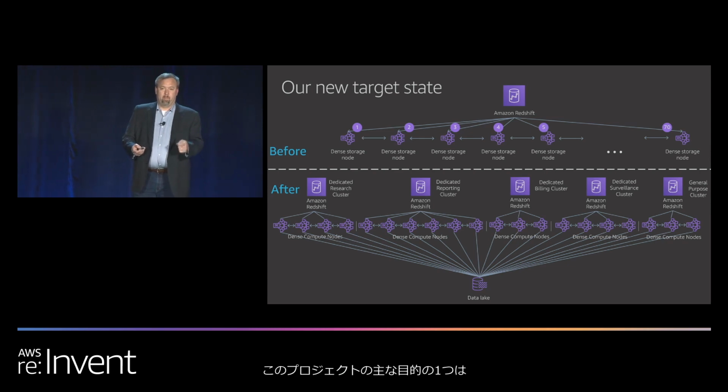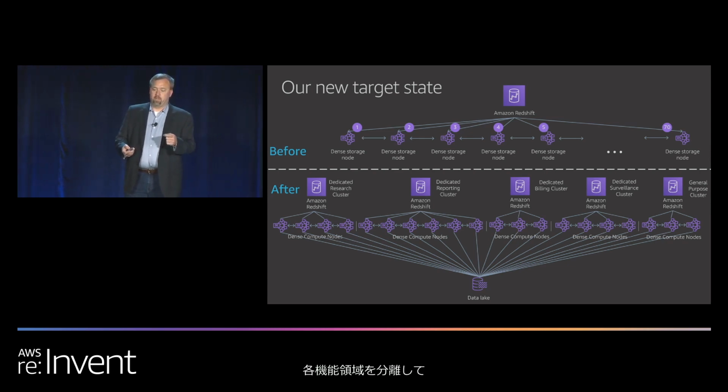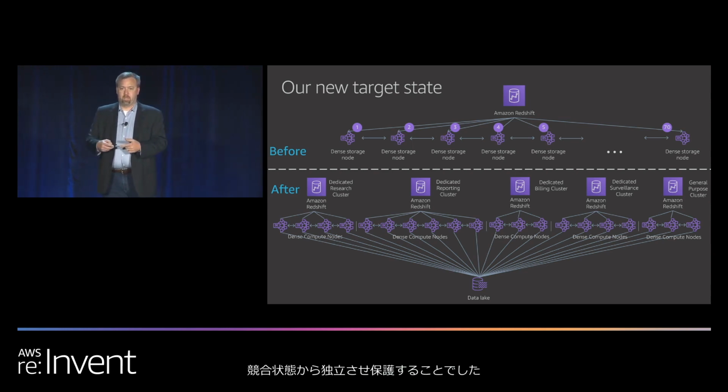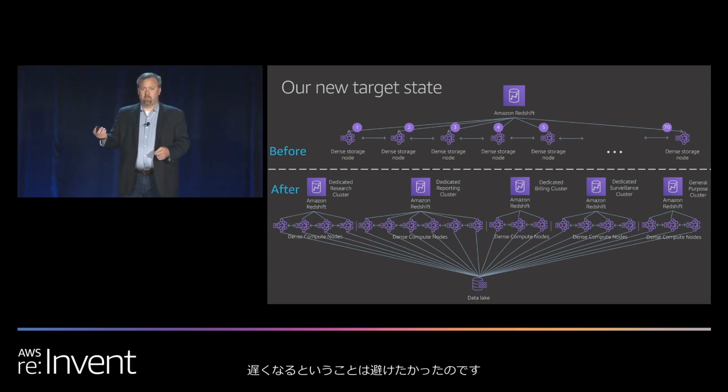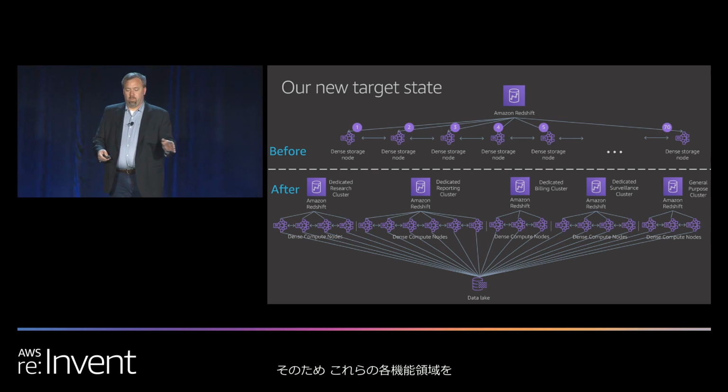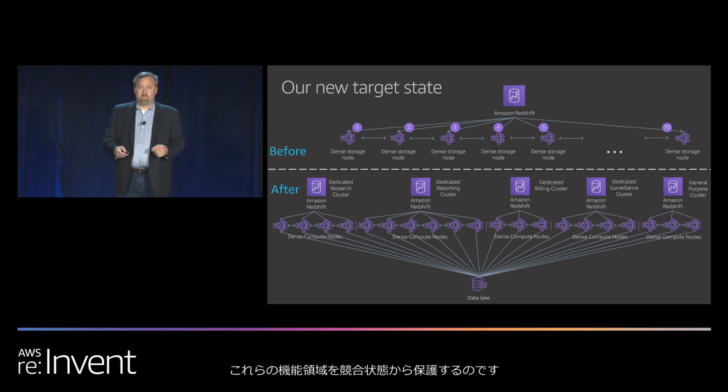If you recall, one of our primary objectives in this project was to isolate and protect different functional areas from contention with each other. We didn't want the billing processes to slow down when a surveillance process launched. And so by separating each of those functional areas into a smaller dedicated cluster, we protect those functional areas from contention with each other.